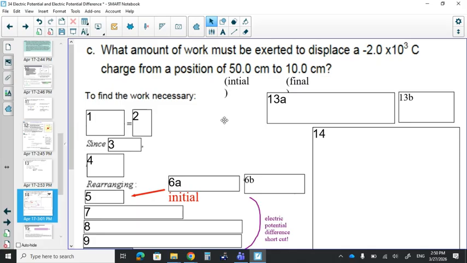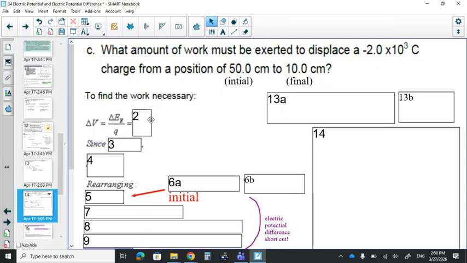Part C is for a specific amount of charge at that spot. It's a little weird to do that at this point, but let's go through it. So this all got jumbled on me for some reason. Notebook likes to do that once in a while. So to find the actual amount of work needed to go from one spot to another, we can just analyze it out, right?